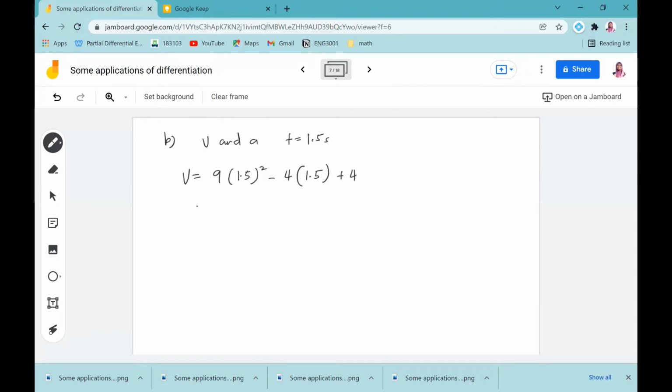So we have v equal to 18.25 meter per second. And then for a, we have 18t minus 4, so 18 times 1.5 minus 4 meter per second squared. So we have a equal to 23 meter per second squared.